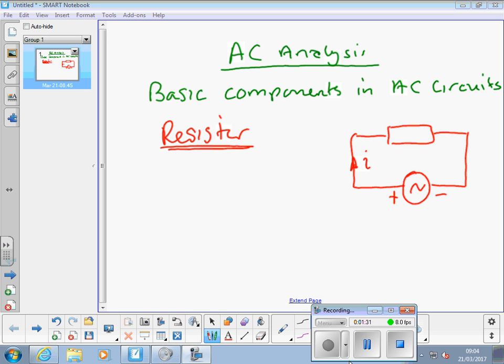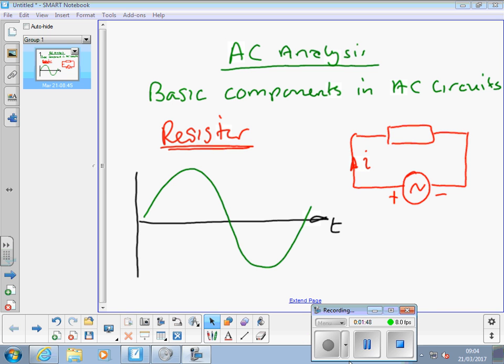If I was to draw the phasors over time t, we'd get a voltage phasor like so, and the current phasor that are in phase with each other.